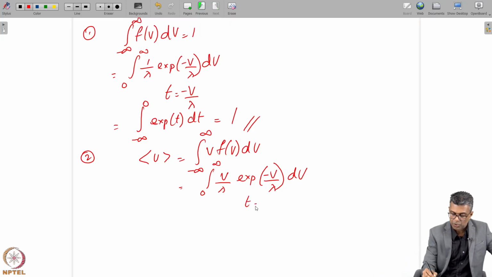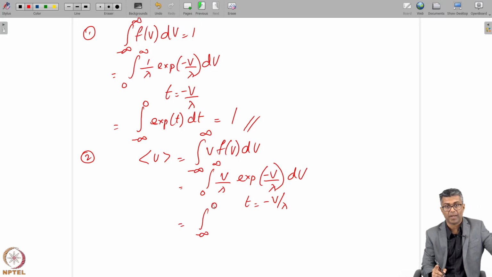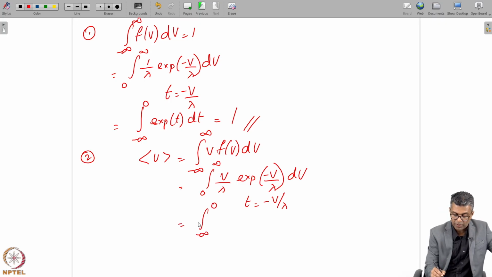Again, I make the substitution t is equal to minus v over lambda, and this becomes minus infinity to 0 because I've made that substitution. I will have a negative lambda on the outside, and I'll have t exponential of t dt.